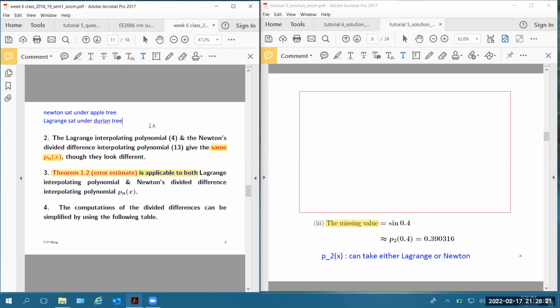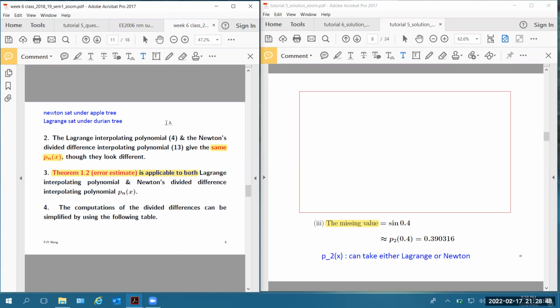Of course, this is just a story. Sitting under an apple tree is actually a very good thing, so you can discover gravity. But if you sit under a durian tree, the durian drops. If a durian drops onto your head, I think there's a big problem, and you need to go to hospital, right? So this is just a story.